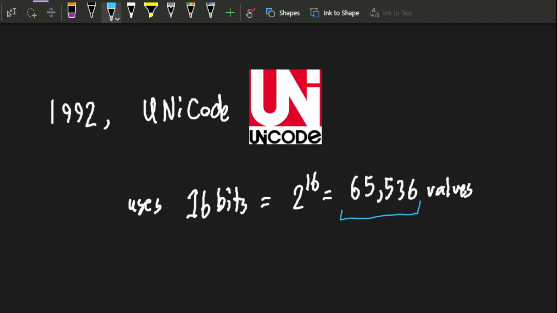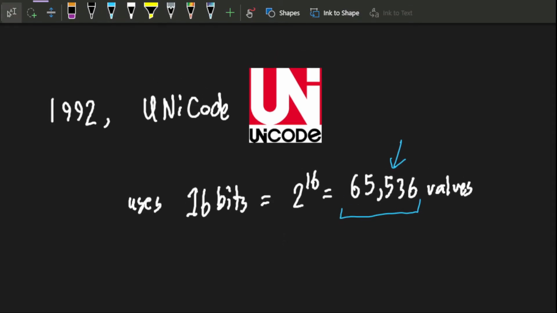Those characters are also in the Unicode list, and it could also store emojis. So Unicode unified every notation and representation of all characters.